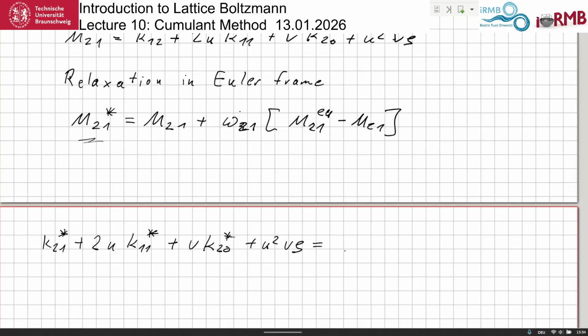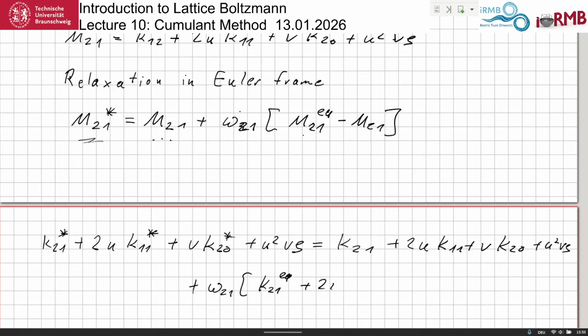Now the other side. We have a lot of writing because we have to do the same thing again. Now the only difference is that this thing here is the pre-collision state. So we'll come out with the pre-collision here, K21 plus 2UK11 plus VK20 plus U square V rho. So that was this one. Now we get plus omega 21. Now comes the equilibrium part of this.